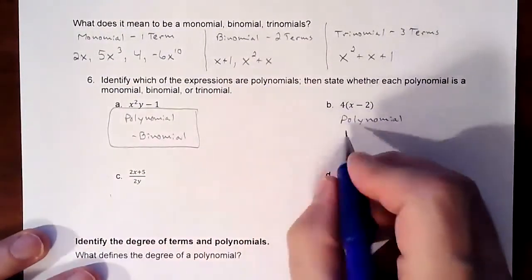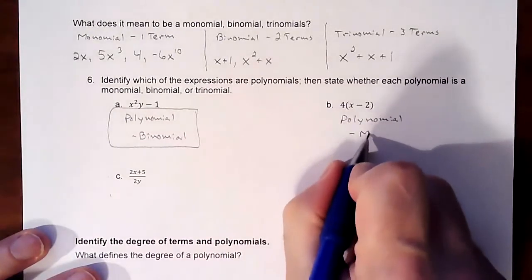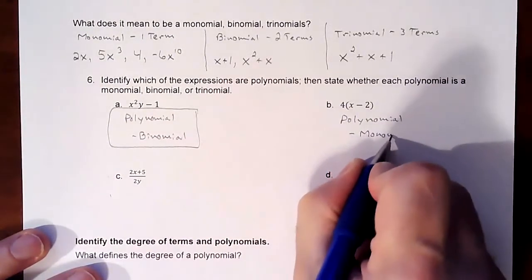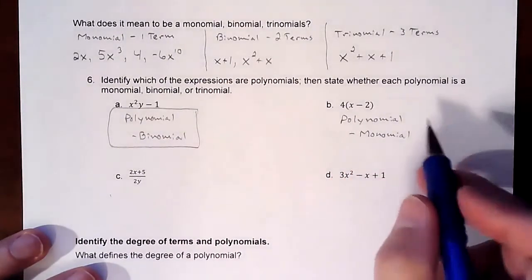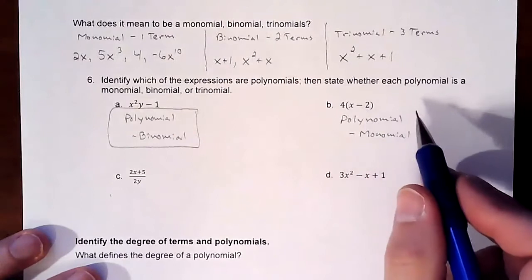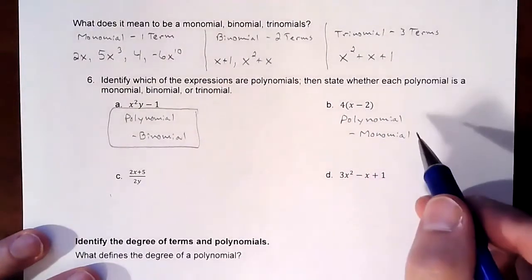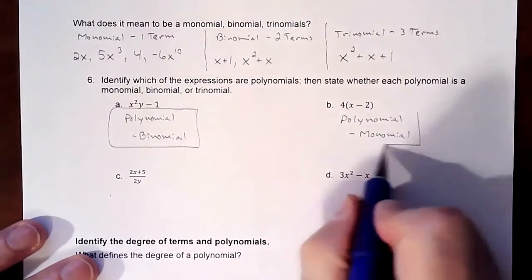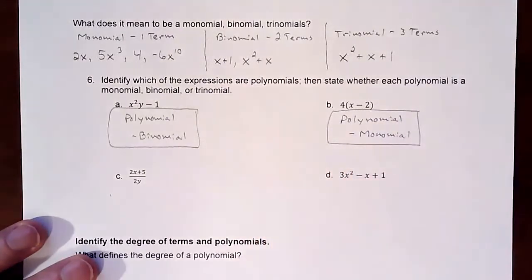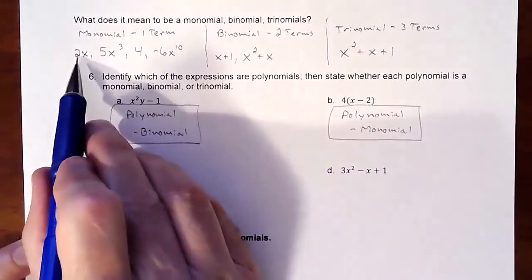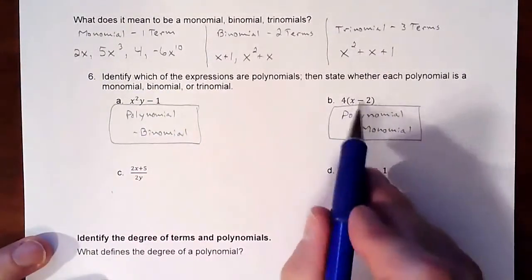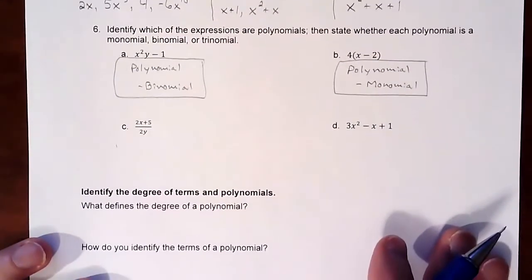It doesn't feel right at all, but it's actually a monomial. If you would distribute it, then you'd have a binomial. So remember, sometimes if you distribute something, you get more terms. That is not uncommon, and you'll see it in later videos. Since it's not distributed, it's just a number times something, which makes it a monomial.